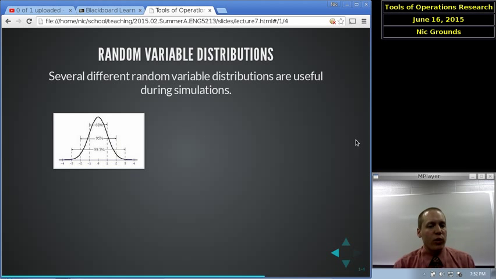Its highest point is at 0, or whatever mean you've chosen. What the standard deviation really says in the normal distribution is that for values plus 1 standard deviation or minus 1 standard deviation away from the mean, you're 68% likely to get a value in that range.